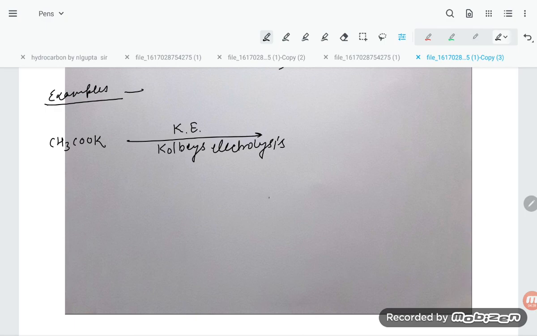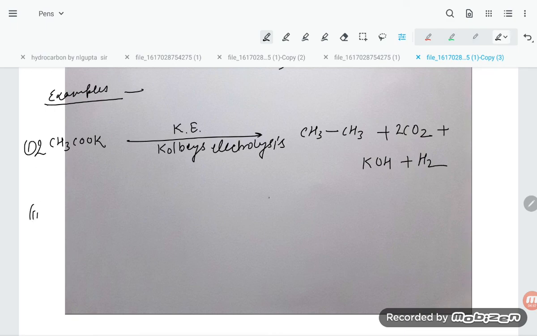So how will the product form? Take 2 moles, so here is CH3-CH3, and next it will give carbon dioxide, 2 moles, plus KOH, and together with water, hydrogen gas will also be formed. So this is the first example.